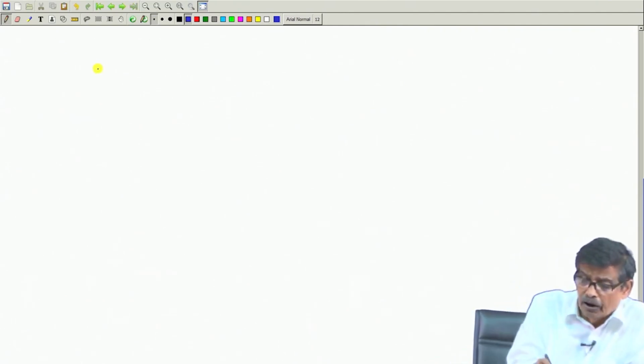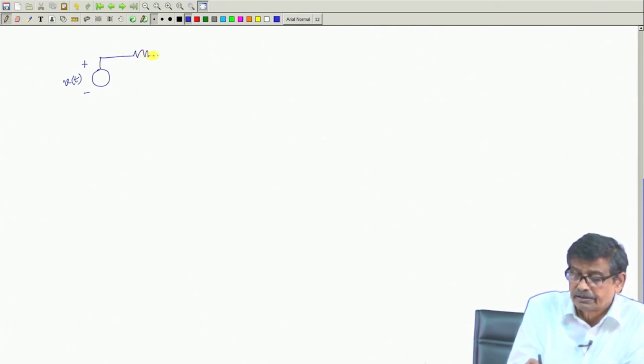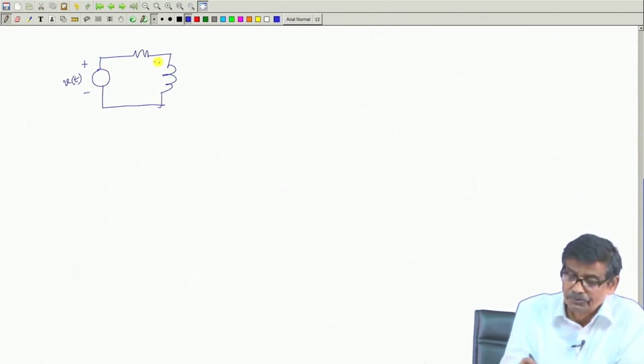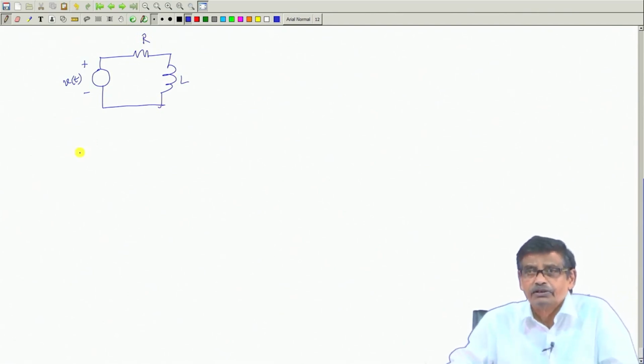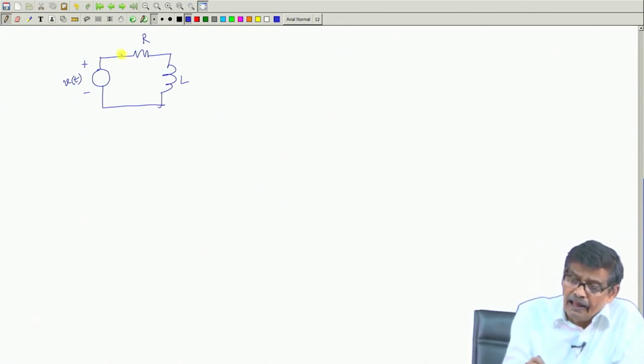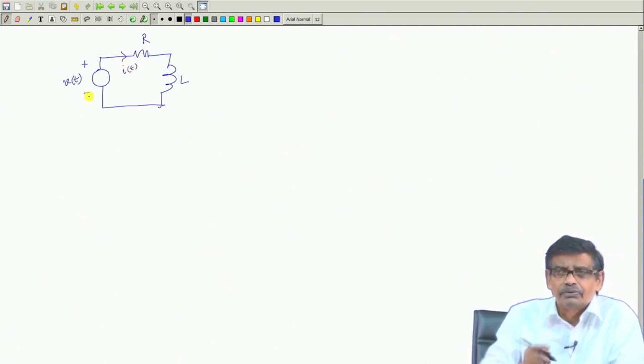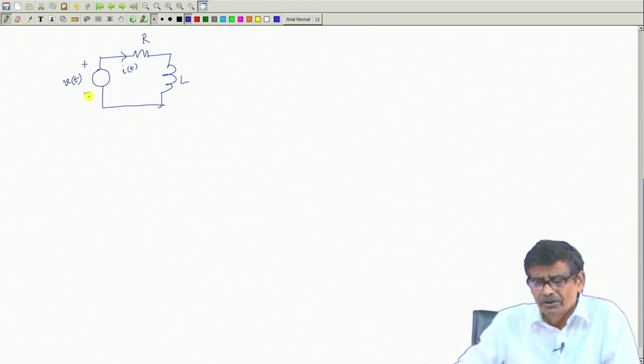And I told you how to solve such circuit earlier, say V t, any voltage source, RL circuit. So, coming back to the general circuit approach, supply voltage could be anything, need not be sinusoidal, V t, and we found out the currents. Of course, to find out these currents, you have to write down differential equations or do something.